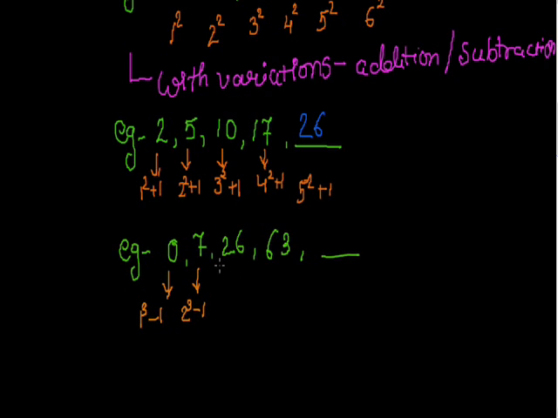This 26 can be written as cube of 3 minus 1. 63 can be written as cube of 4 which is 64 minus 1. So our next number should be cube of 5 minus 1, that is 124, because cube of 5 is 125 minus 1, that is 124.